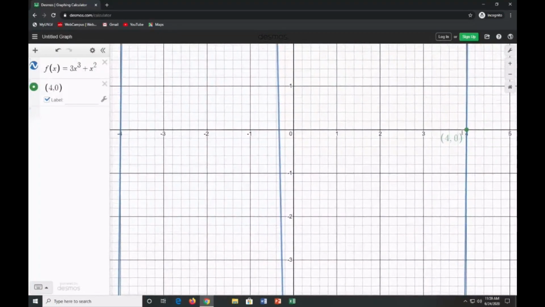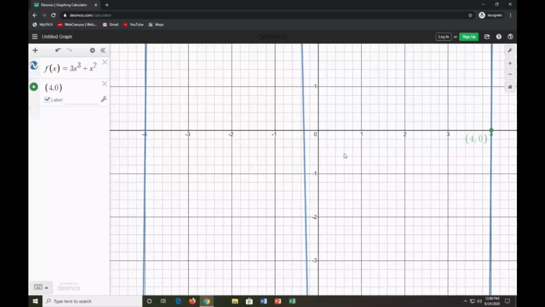You can see it on the far right side of your screen. Notice the line is going right through the point and crossing the x-axis, right? So we can say with certainty that the multiplicity of 4, comma 0 must have been odd. When I look at the factor, it was 1. In fact, all of these zeros had multiplicity 1, which is odd.